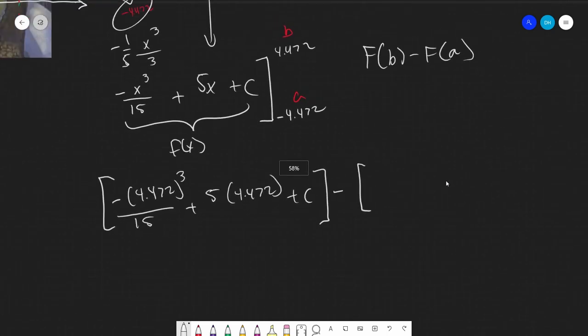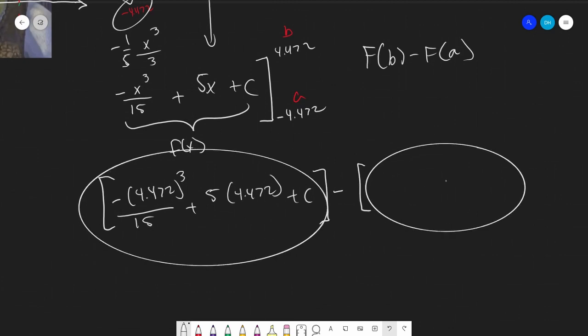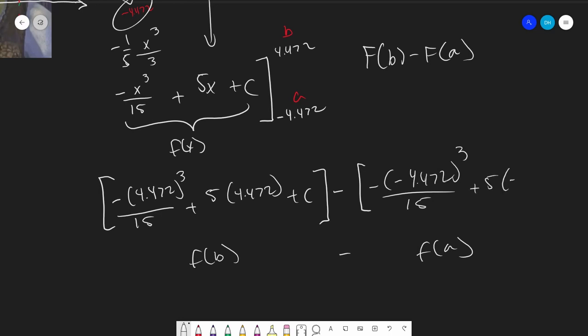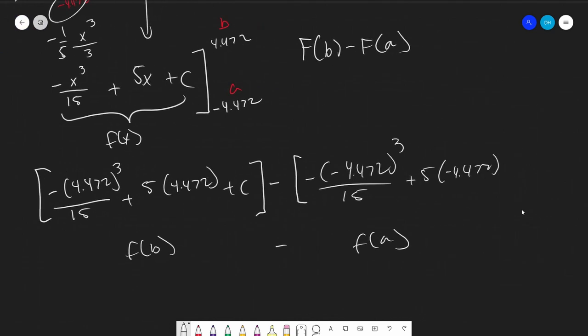Now it's important to put both these functions in brackets when you evaluate them, because it helps with the distribution of this negative symbol. Again, we're plugging in, this is our f of b right here, and this is minus, and now we'll do our f of a, which will be negative 4.472 cubed divided by 15 plus 5 times negative 4.472, and then plus c.